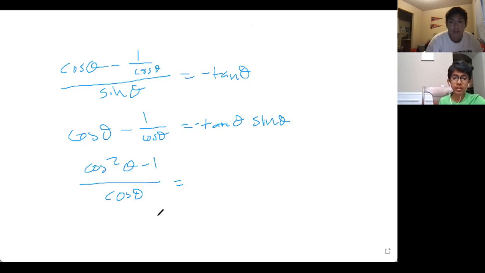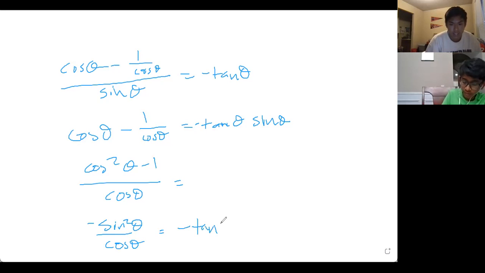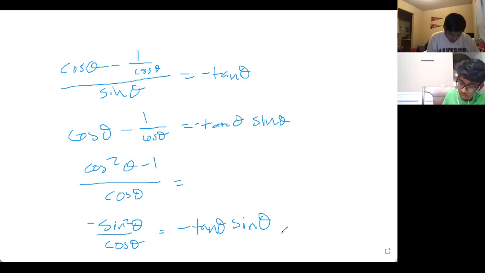Negative sine squared theta over cosine theta, right? And what is that? That is negative tan. Negative tan. And then there's a leftover sine, right? Yeah. Okay.